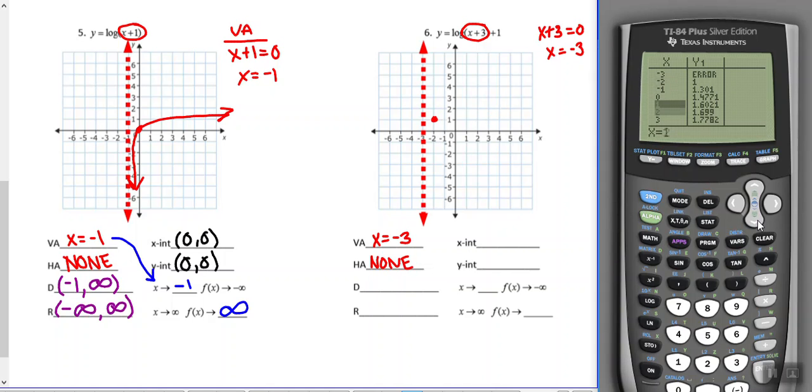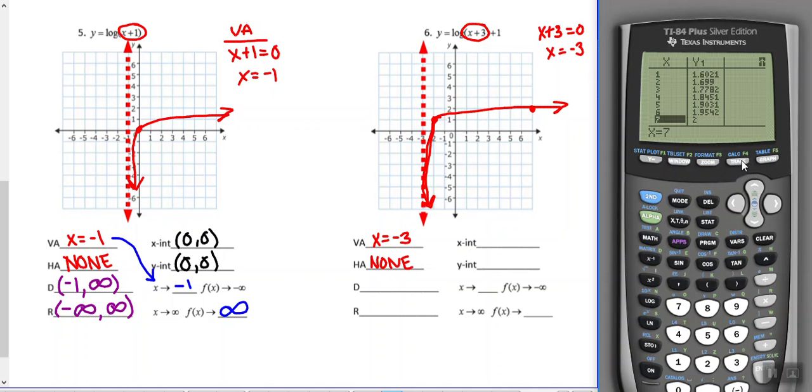Now let's see if we have anything else. 7, 2, which I can graph. So we're going to curve this way and curve down along the asymptote. Make sure it does not touch. I know mine does, but make sure yours does not touch the asymptote. Now, x-intercept, does it touch the x-axis? Yes.